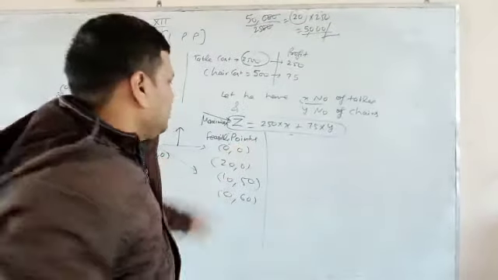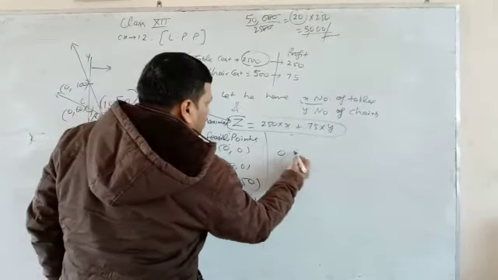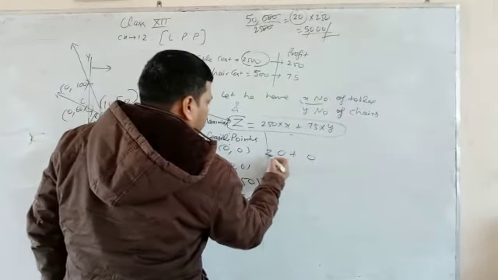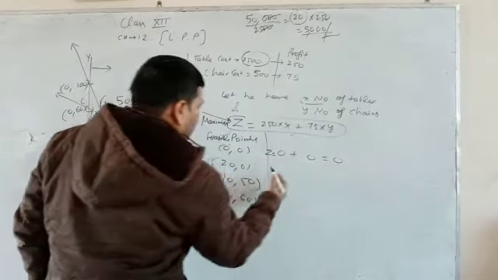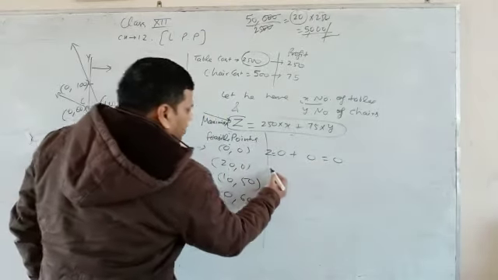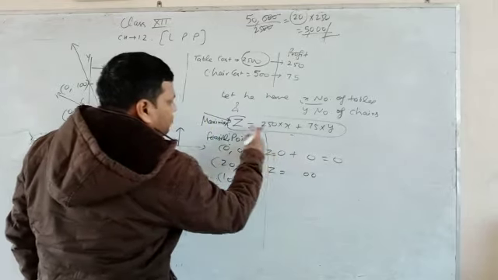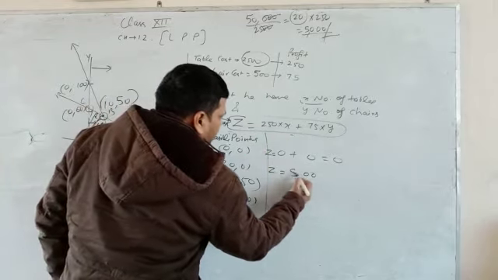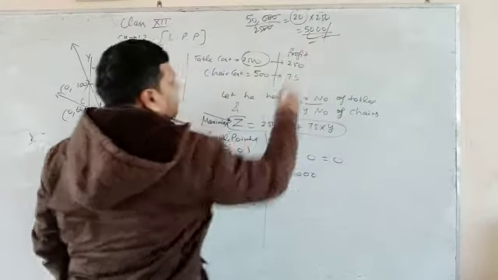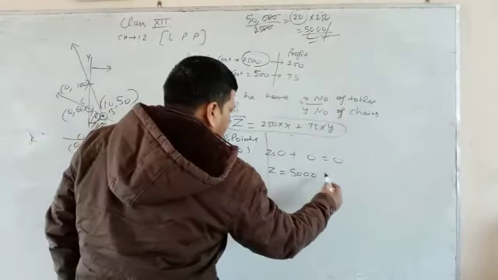At 0, 0, z is equal to 0 only. At 20, 0, that will be z equal to 5000, as I have already taken that, plus 0.